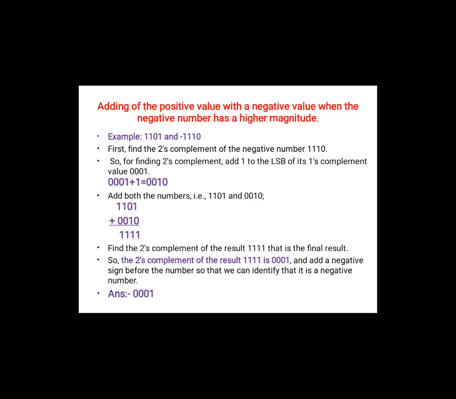To find the 2's complement, we take the 1's complement, 0000, plus 1 equals 0001. This answer is a negative answer, so put a negative sign or write that it is a negative number, both ways. So this was my case 2.